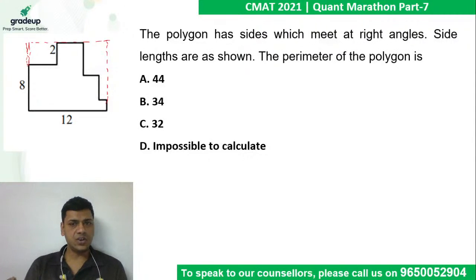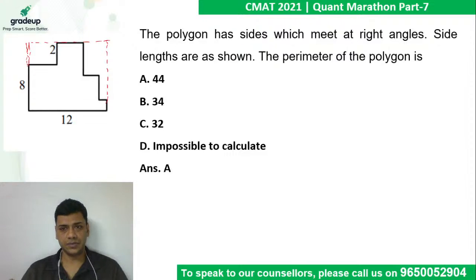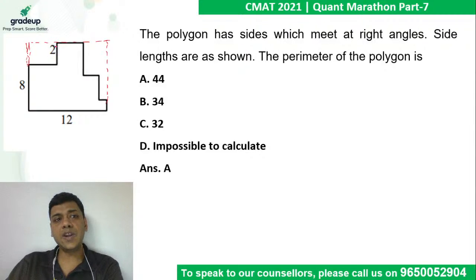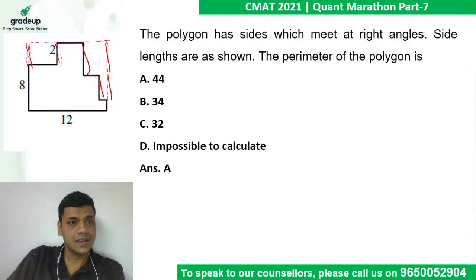No Shreyansh, it's not 32. Yes Aniket, it is 44. Aniket is right. So basically, if you just extend this line on both the sides and draw a parallel line, can I say this length is the same as this length, and this part is the same as this part?